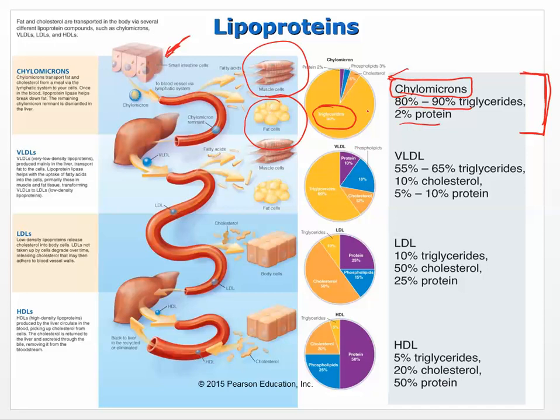Once you've dropped off a bunch of triglycerides, this may happen in the liver as well, usually for storage of some sort, what you're left with is something that has, well, it makes sense, fewer triglycerides. So we have fewer triglycerides and a greater proportion of cholesterol, and that's one of the places our focus is. We also have a greater proportion of protein. This is called a VLDL.